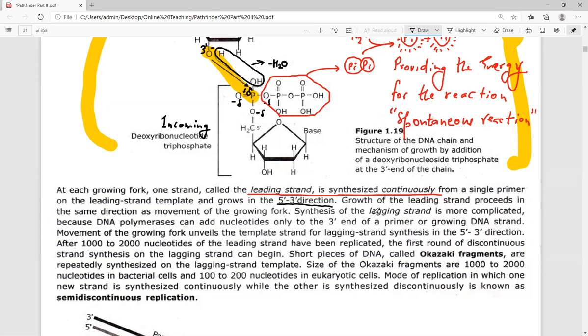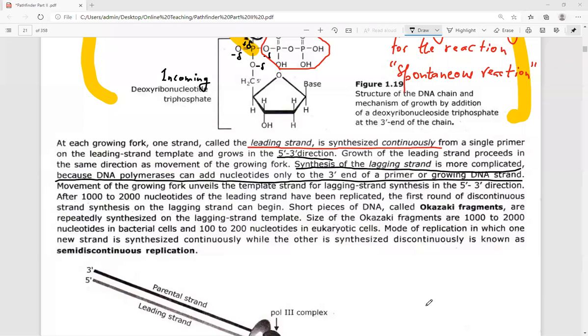The synthesis of the lagging strand could only be understood with the help of the trombone model, as I have explained it to you in my previous lecture, where the new nucleotides were being added only when the strand was being displaced.